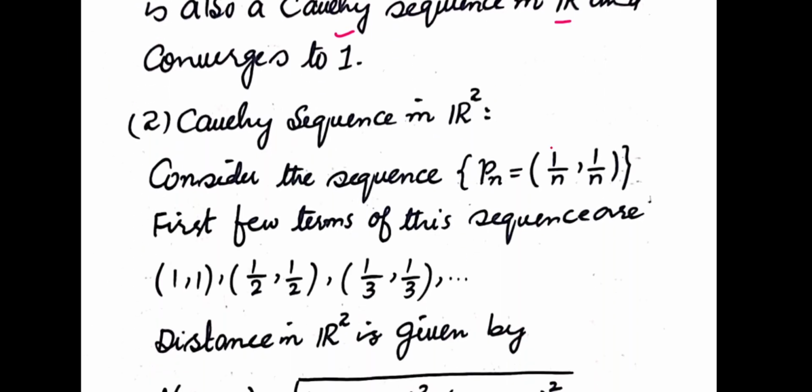The next example is from R square, that is the plane. So consider the sequence Pn whose first coordinate is 1 over n and the second coordinate is also 1 over n. Both coordinates are the same. For your convenience, I am defining a few terms of this sequence.